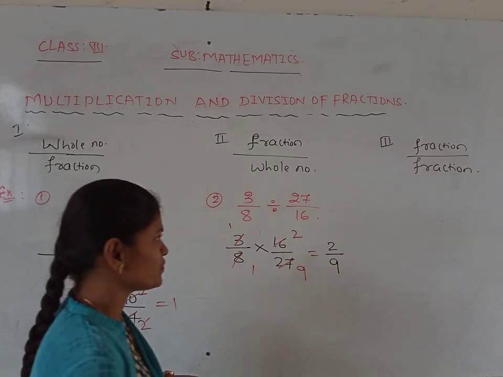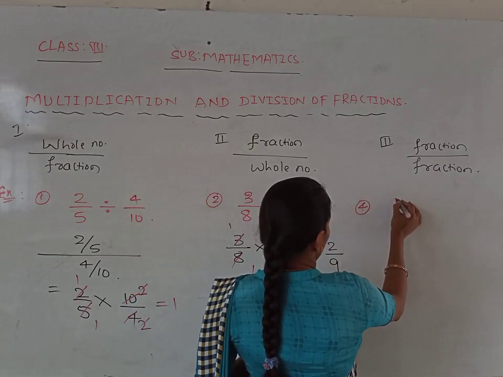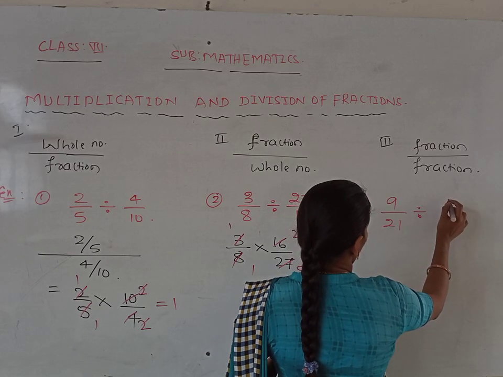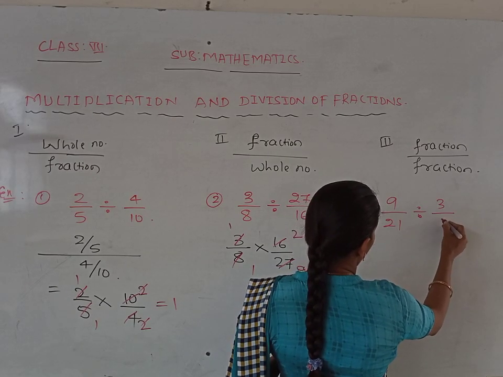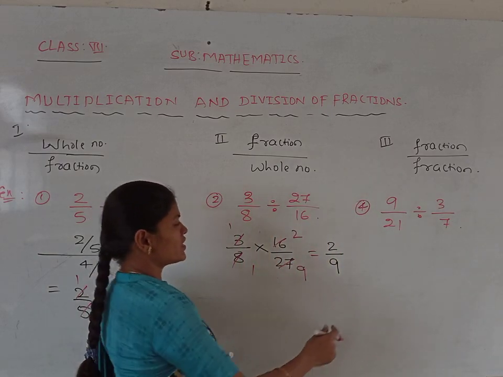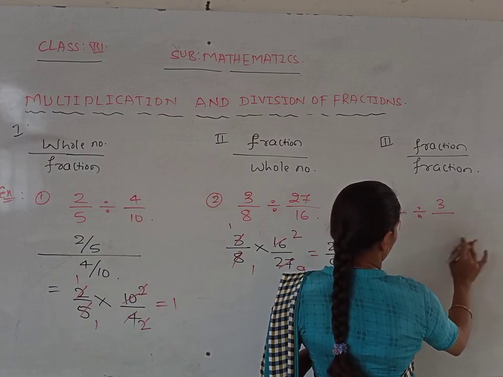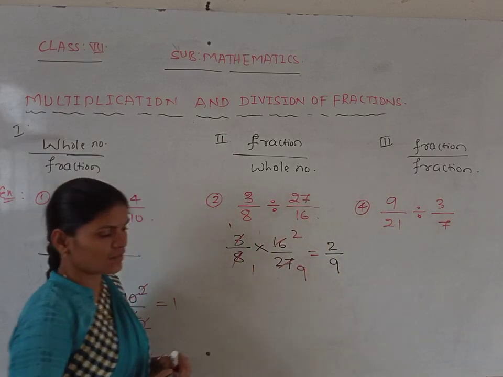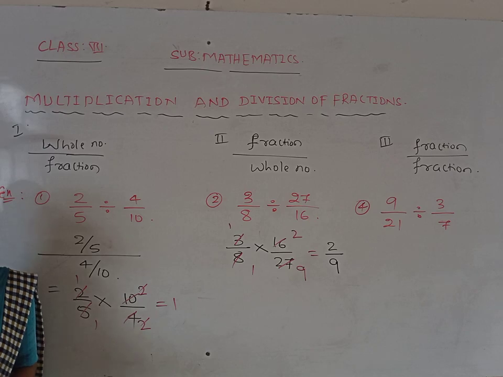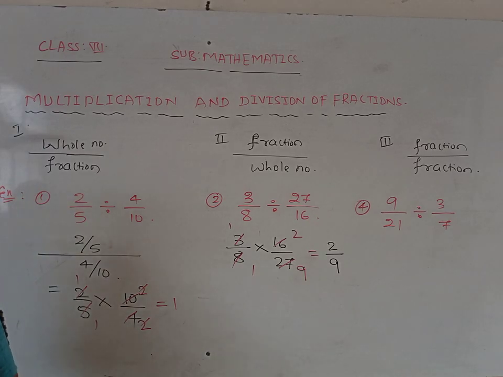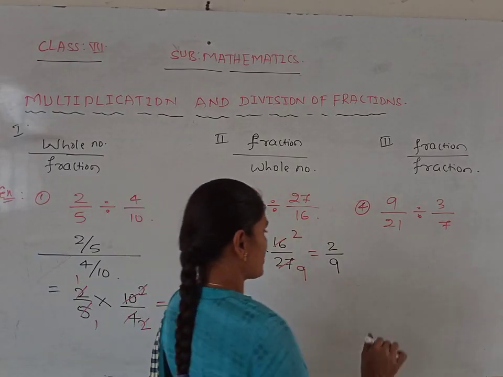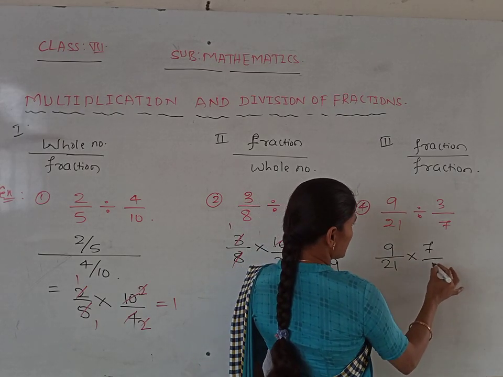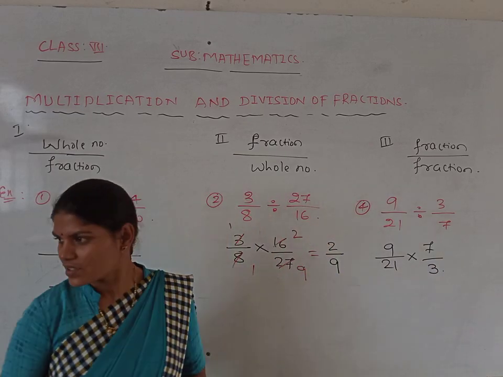One more: 9 by 21 whole divided by 3 by 7. Keep the first fraction as it is, into the reciprocal of the second one.